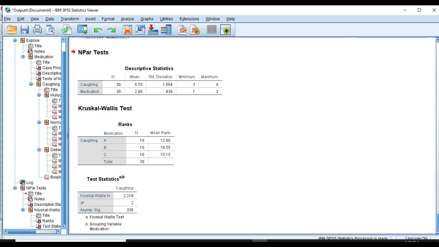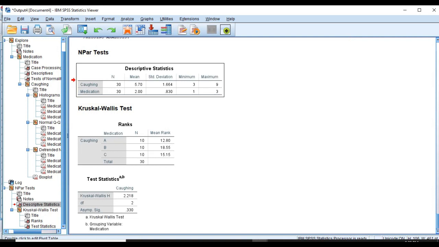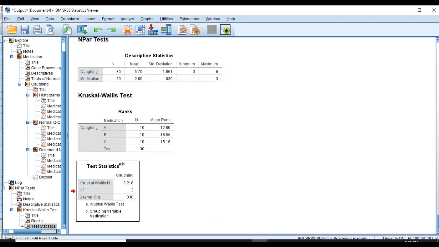So here is the result. In the first table, you can see the rank table and the mean rank of each medication's effect on coughing. And in the most important table, the test statistics, the p-value is 0.33, which is greater than 0.05.